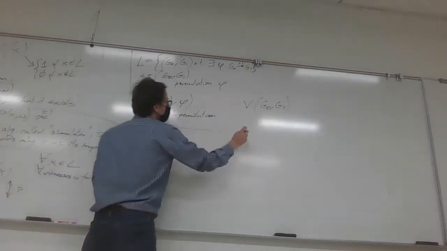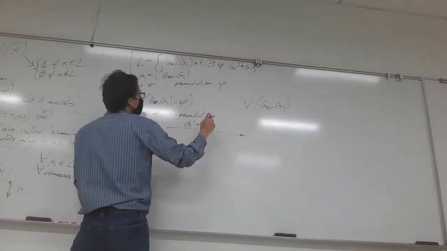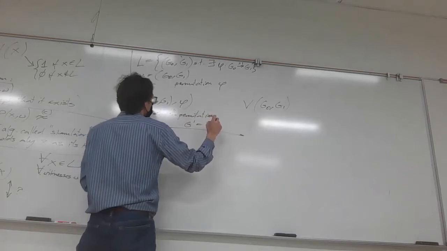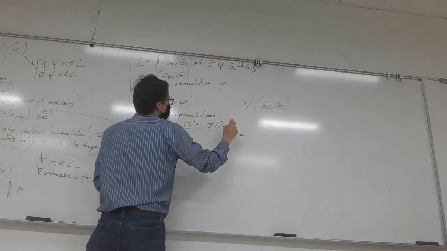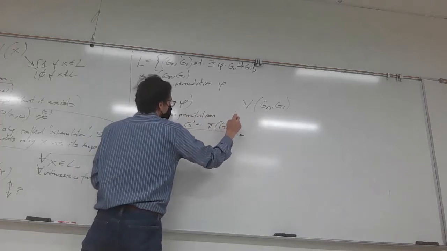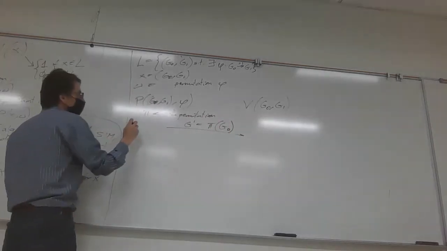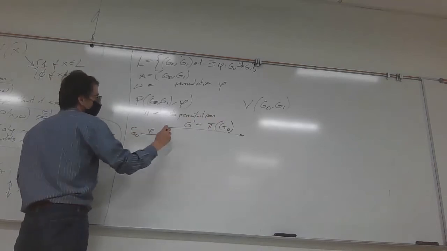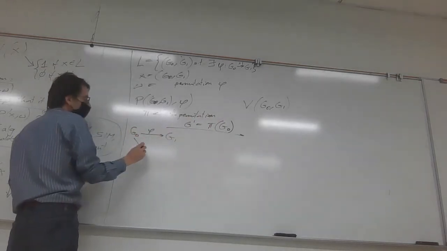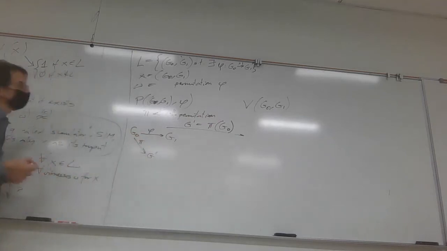And it sends a graph G prime, which is the permutation pi applied to G0. Let me draw a picture. G0 is permuted by phi into G1, and now it's permuted by pi into graph G prime.